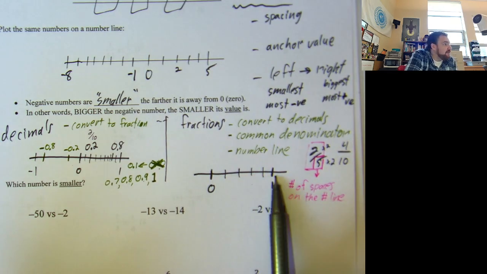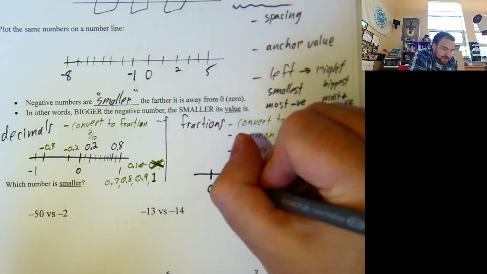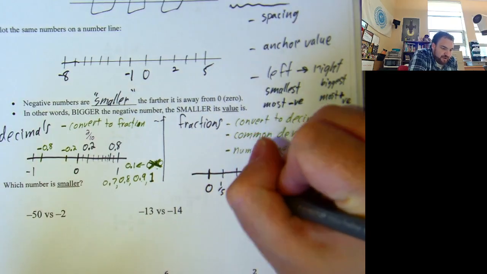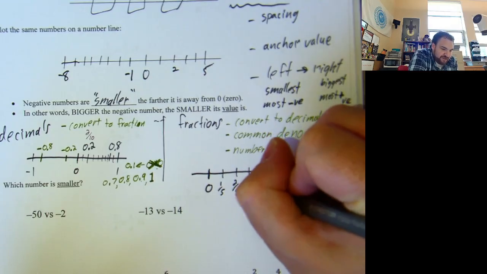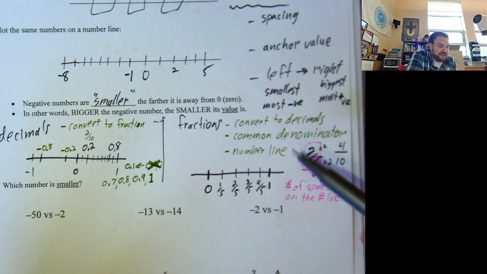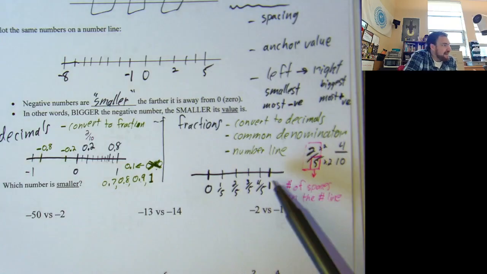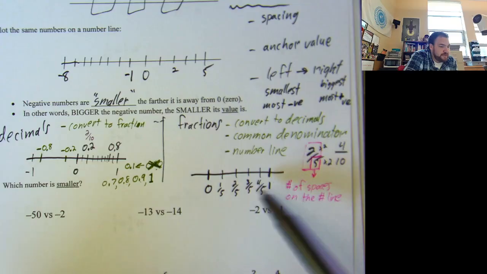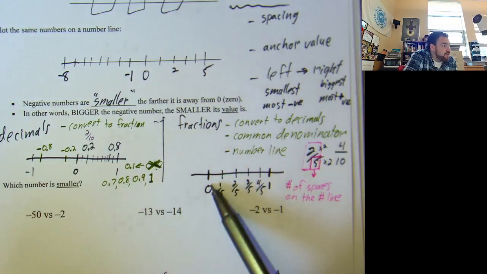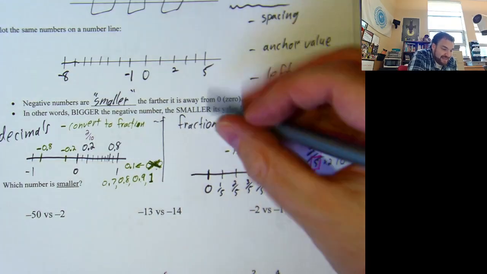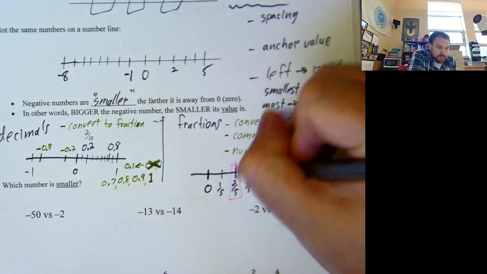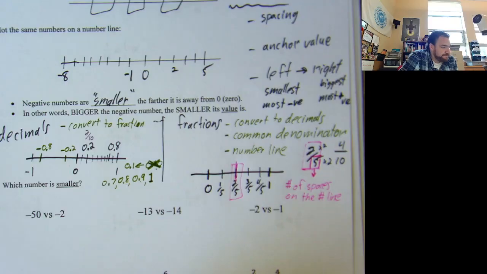There's 4 lines because this then is going to be 1 of the 5 chunks, 2 of the 5 chunks, 3 of the 5 chunks, 4 of the 5 chunks, and then 1 is the 5 of 5. So if I'm placing 2/5 on there, that's kind of how you got to picture it. I want to break this thing up into 5 chunks using these 4 lines, and then that right there is my home on the number line.